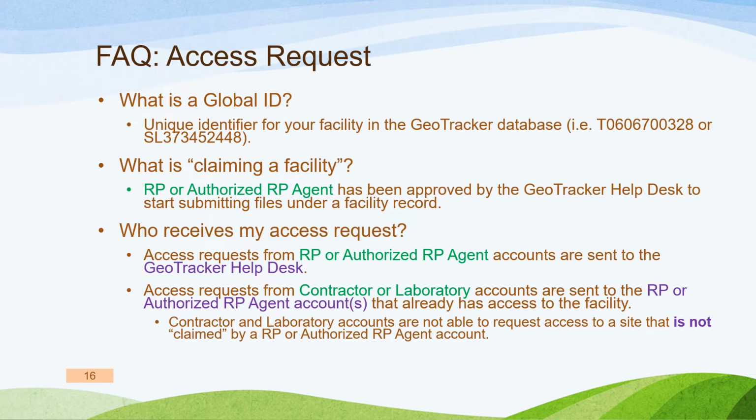Do note that contractor and laboratory accounts are not able to request access to a site record that is not claimed by a responsible party or authorized RP agent account, since the responsible party or authorized RP account will need to go through that approval process in order to approve those contractor or laboratory accounts to start uploading. So keep that in mind.